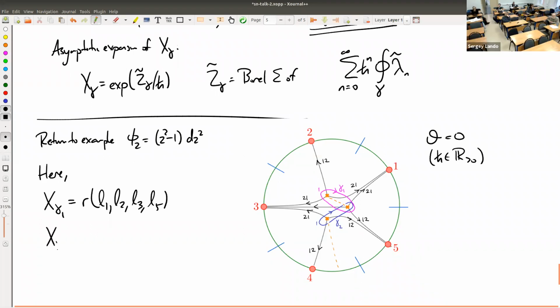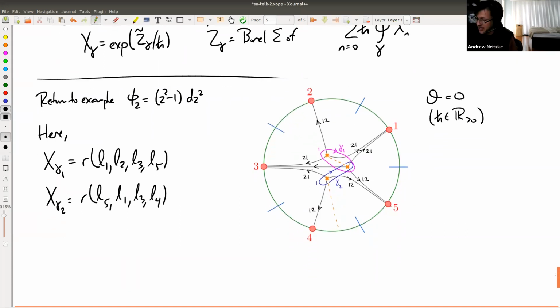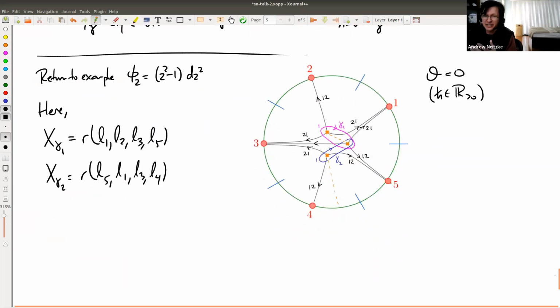And similarly, x gamma 2 is the cross ratio of, well, let me first write the answer and then say how you get it. It's going to be L5, L1, L3, L4. So the invariant data of the non-abelian connection is captured by this simpler abelianized object.